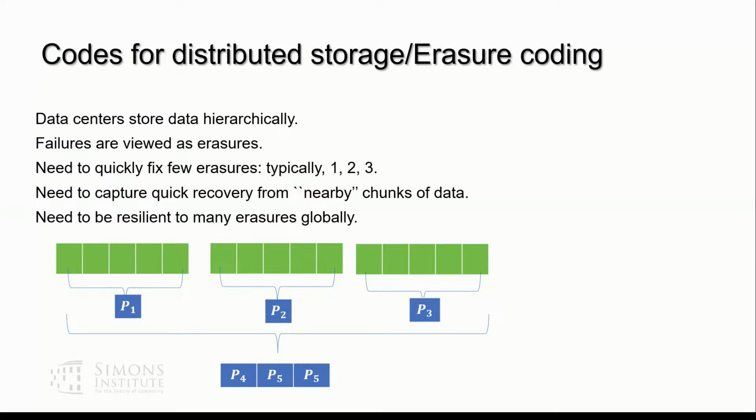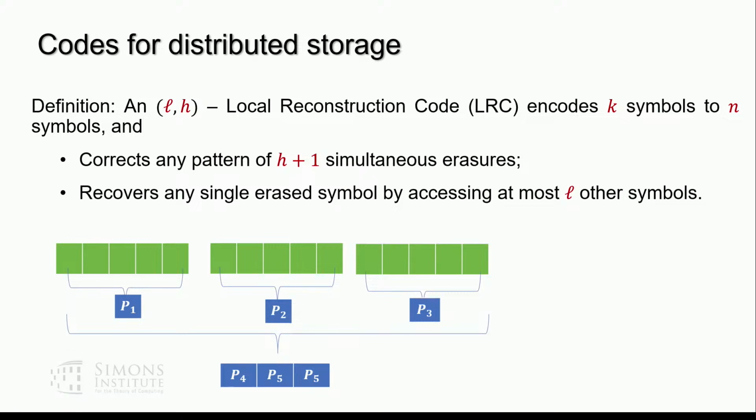Pictorially, we can think of erasure codes in this manner. We have data broken into chunks of small size, and we add some parities that are parities only on the bits of the chunks. Then we also need to add some global parities, which are parities over bits that could belong to multiple chunks, so chunks at larger distance.